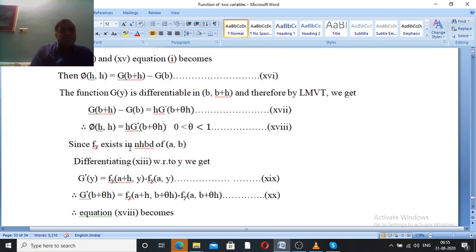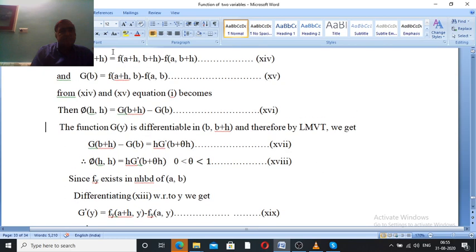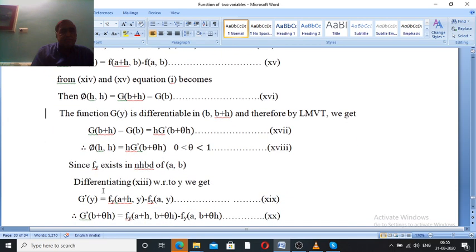Since fy exists in a neighborhood of (a, b), differentiating equation 13 with respect to y, g dash y is equal to the derivative of f, that is fy at (a plus h, y), minus the derivative of f, that is fy at (a, y). Therefore, after differentiation, g dash y is equal to fy of (a plus h, y) minus fy of (a, y).